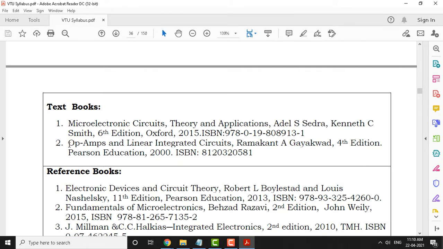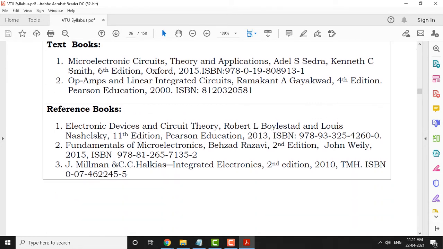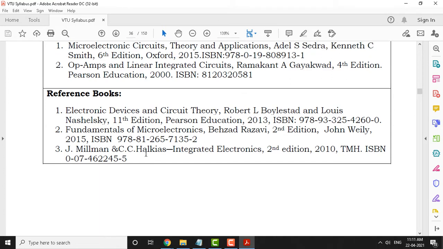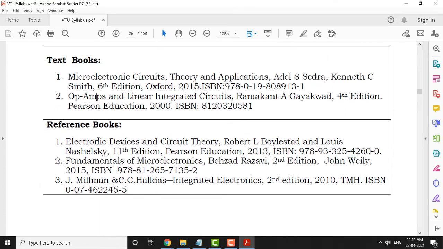Even this second book is specifically for operational amplifiers. So, this is also a good book which students can refer to for op amp. Reference books are up to you, for additional information.